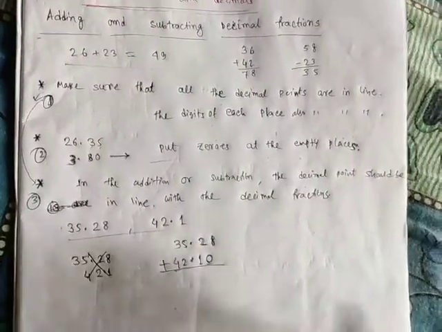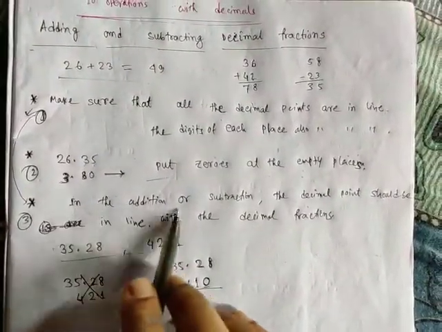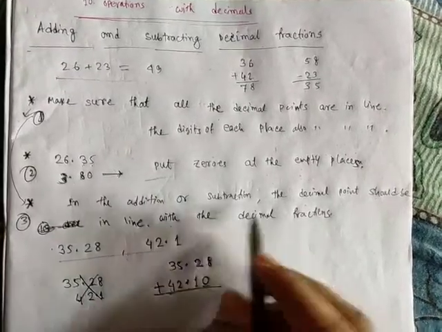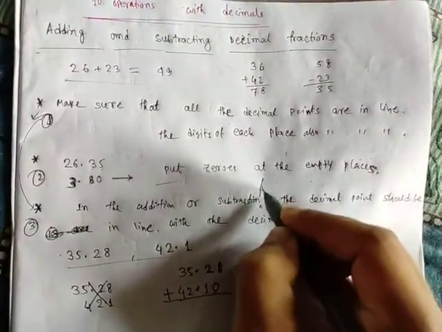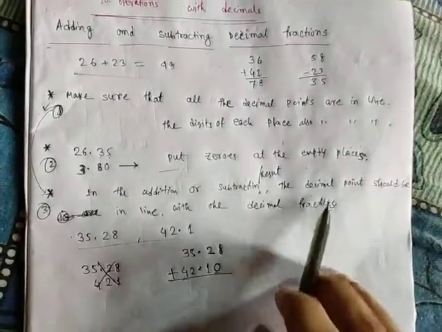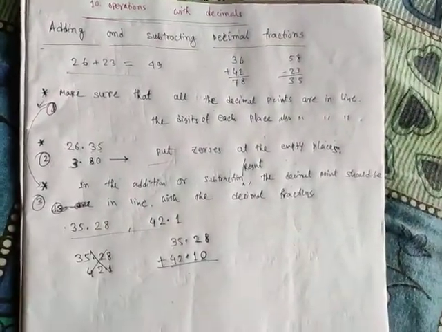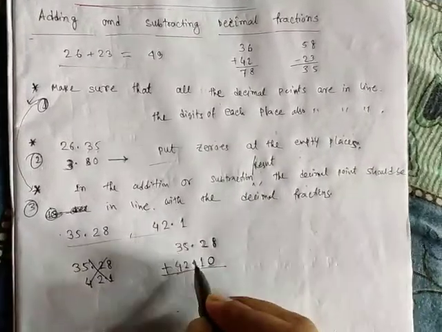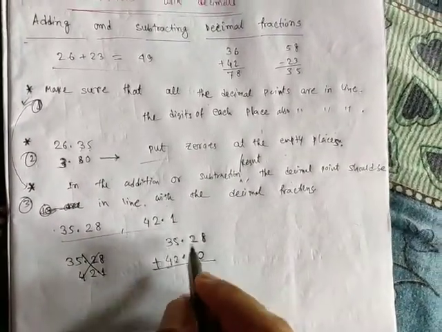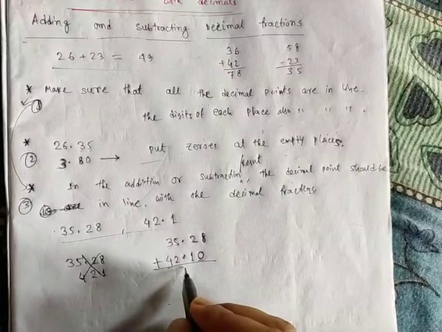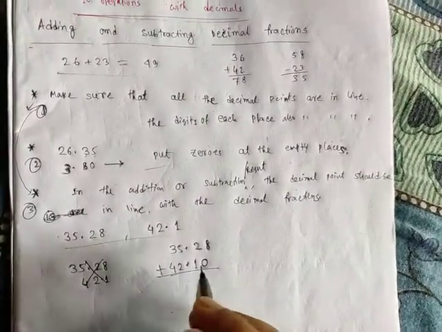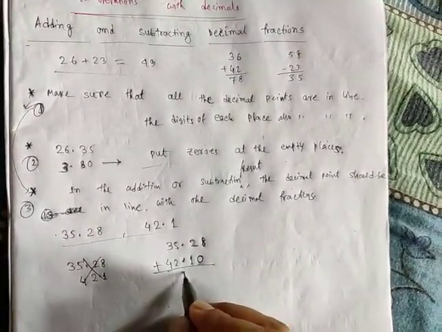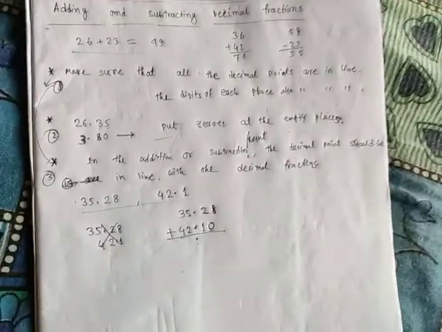What did I say? Come to the third point. In the addition or subtraction result, the decimal point should be in line with the decimal points of the fractions. So here the points are in line, so for the result of the addition or subtraction, the decimal point should be here, in line.